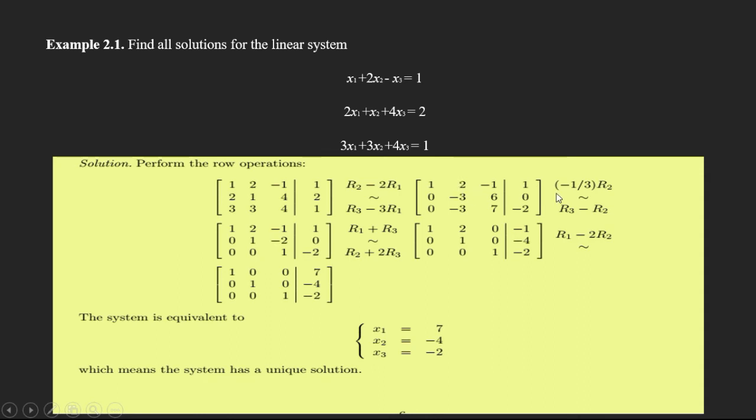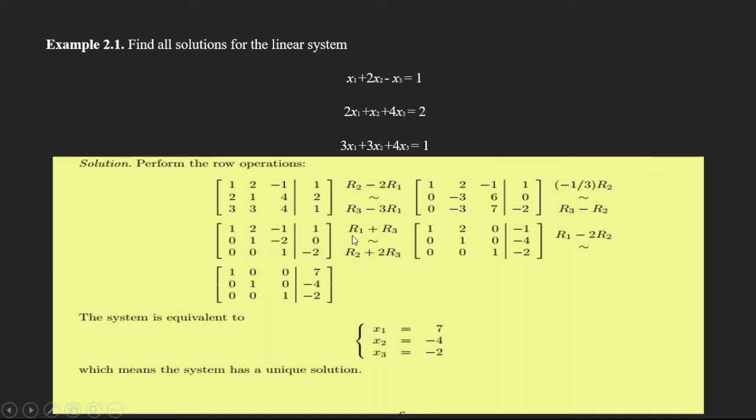So we will multiply the second row by -1/3, and also subtract that row from the third row to get 0 below the 1. By performing these two operations, we will get this.